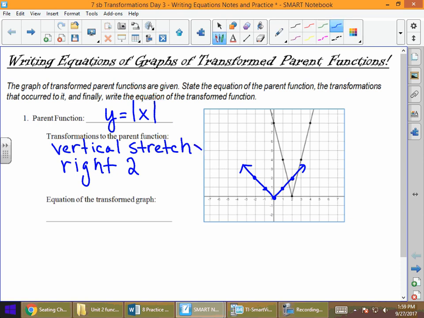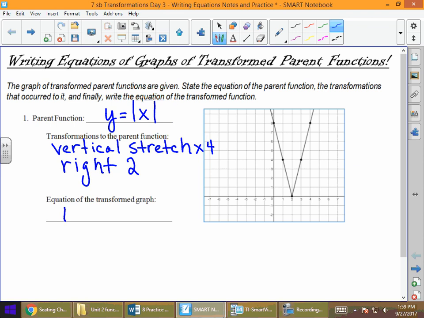And our vertical stretch is going to be by a factor of 4. And if you think about it, in our parent function, even though I just erased it, when we went 2 spaces from the vertex, originally we went up 2, but is 2 times 4, 8? And it is. So now we've got what we need in this problem.